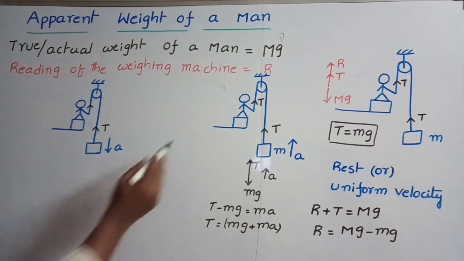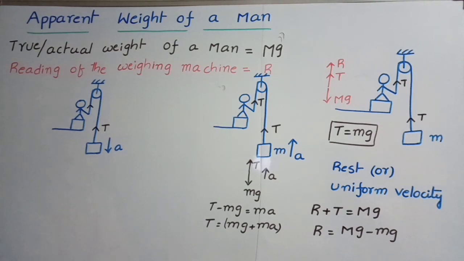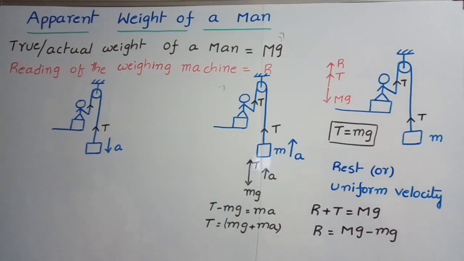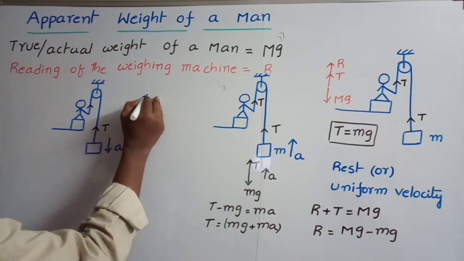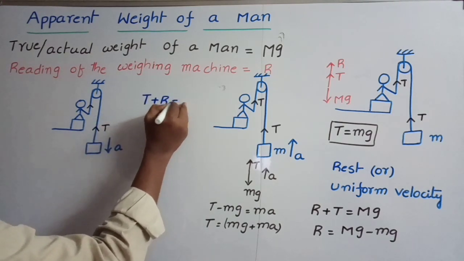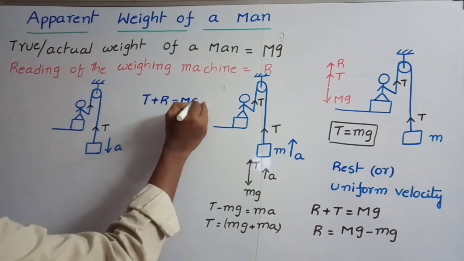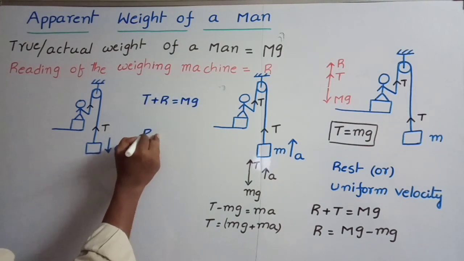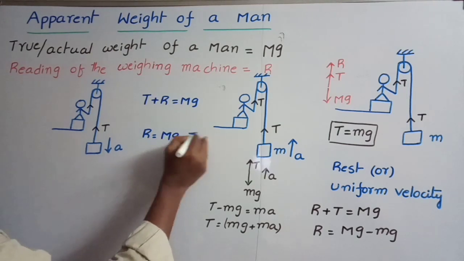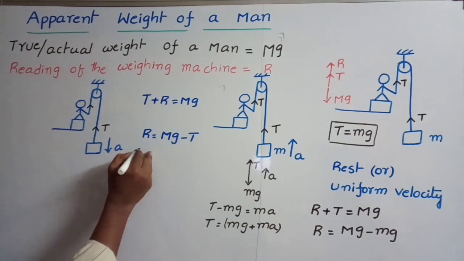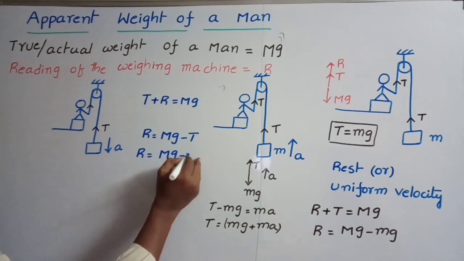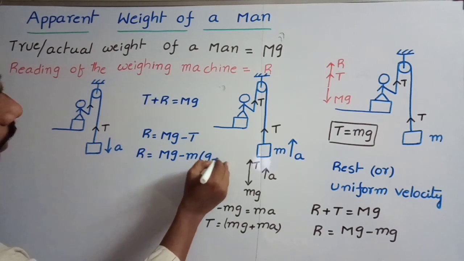Next, come to the man. On the man, tension is acting in the upward direction, reaction force is acting in the upward direction, and weight is acting in the downward direction. So for the man, tension T plus reaction R is equal to Mg. From this, reaction R is equal to Mg minus T. But we know T is equal to m into (g plus a), so substituting the T value here, R is equal to Mg minus m into (g plus a).